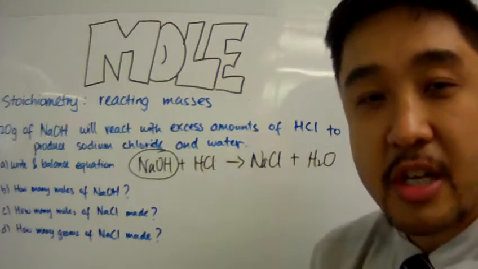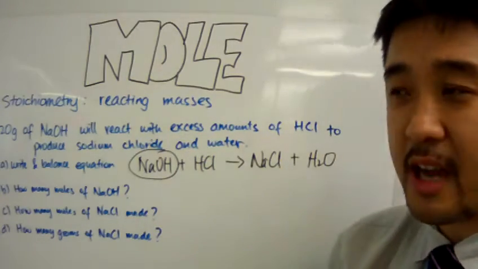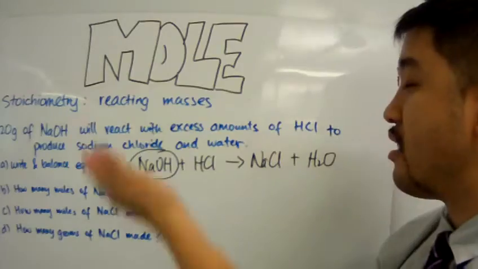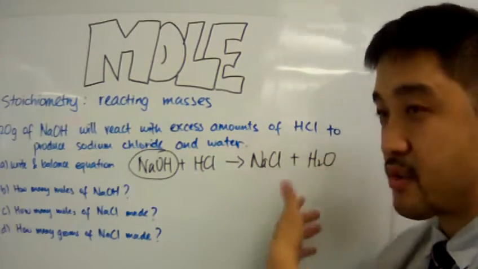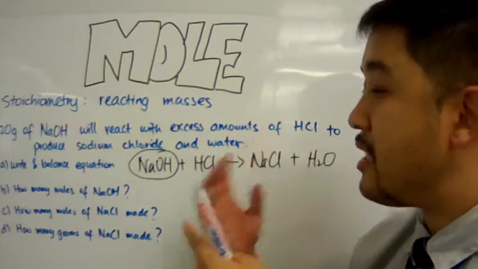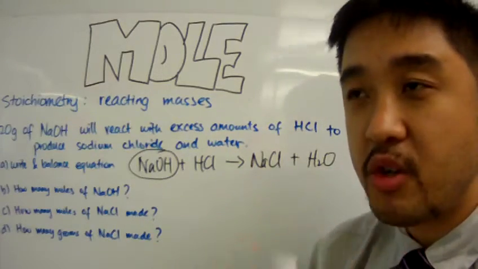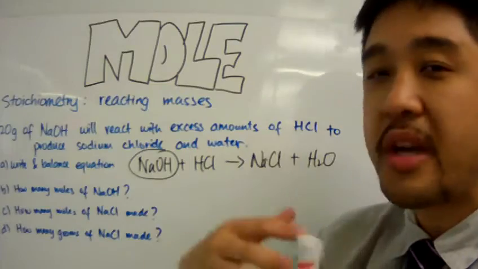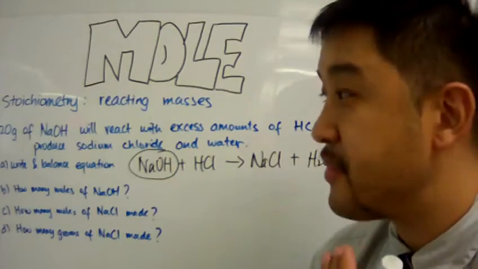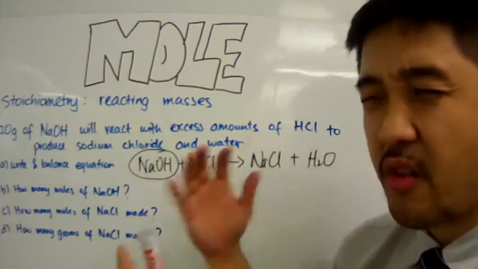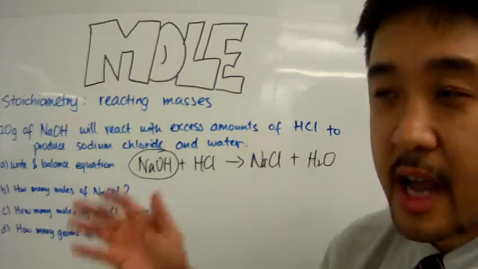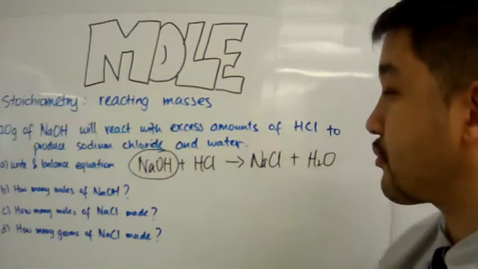That information will be your starting point to calculate the moles or mass of the other substances. The balanced equation allows you to see the stoichiometric, or mole, relationship between each of the reactants and products.